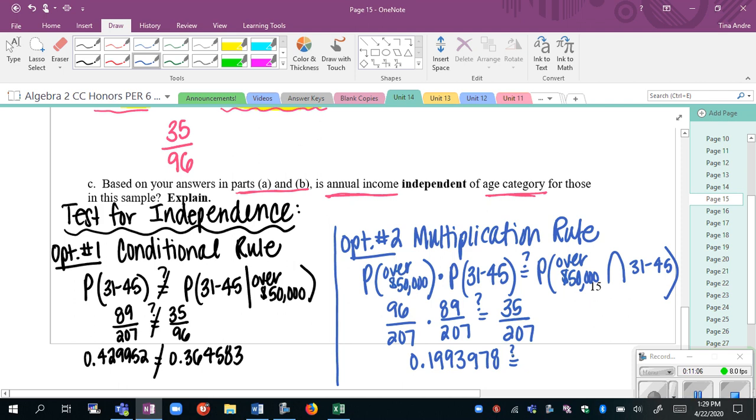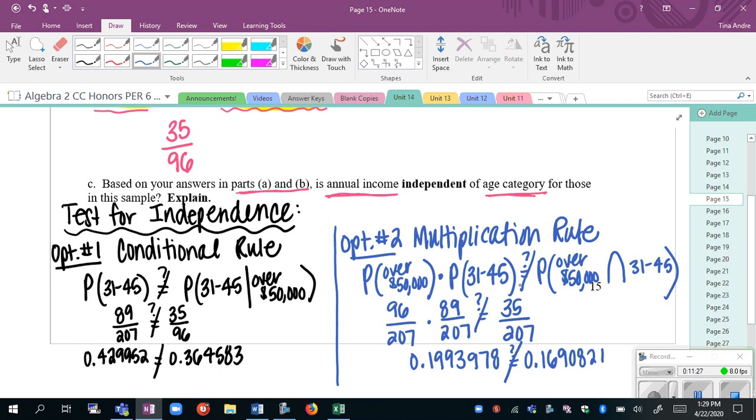And then 35 divided by 207 is 0.1690821 with some more decimals. I see that, again, they're not equal, which is what we expected, because we already found out in the first one that the events are not independent.